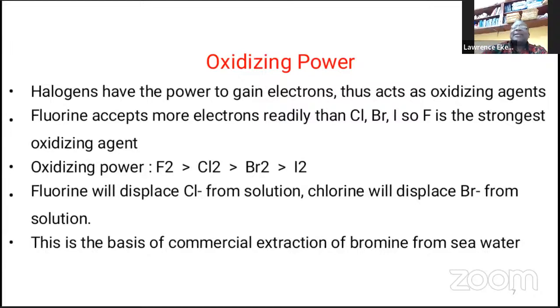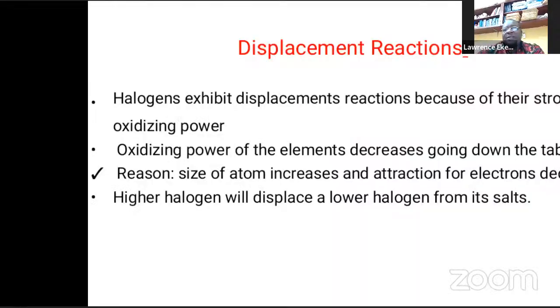These are the reasons why we use some of these halogens for commercial extraction of bromine from seawater. This is the basis.